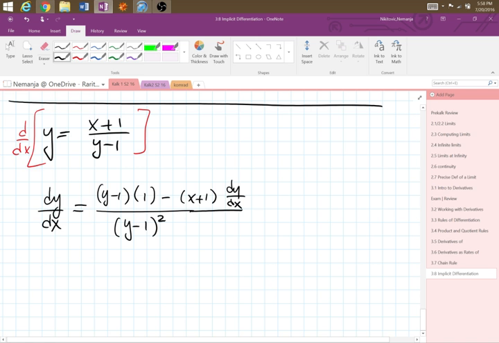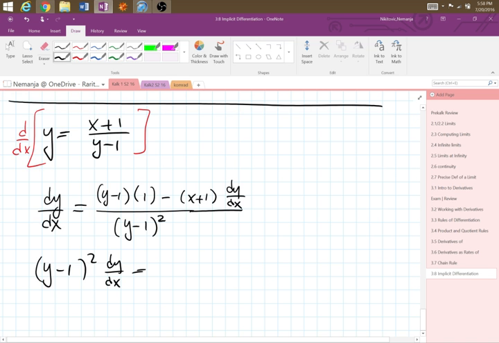And now we have to clean this up. So cross multiply y minus 1 squared to the left, because we can't have fractions all over the place if we are hoping to move things left and right using addition and subtraction.